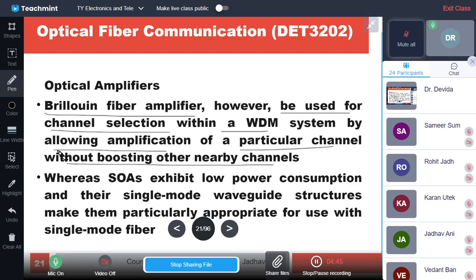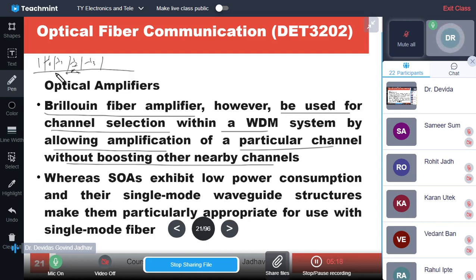by allowing the amplification of the particular channel without boosting any nearby channel. So if multiple channels are there like this, one channel, second channel, third channel, fourth channel, fifth channel, and they have their own lambda 3, lambda 2, lambda 1, lambda 0, etc. Then if, suppose, it is tuned for lambda 2, it can amplify only this 50 megahertz, and the remaining it will not amplify because it has a very small bandwidth to amplify.